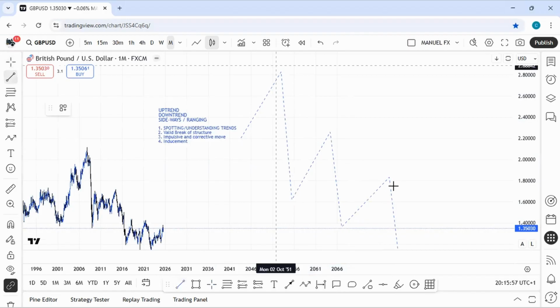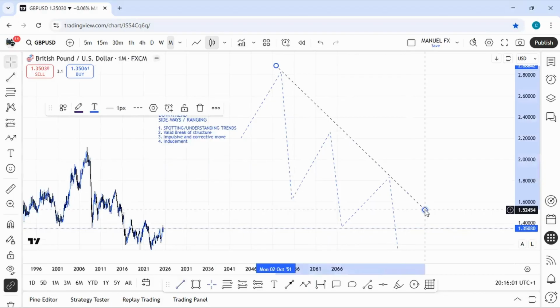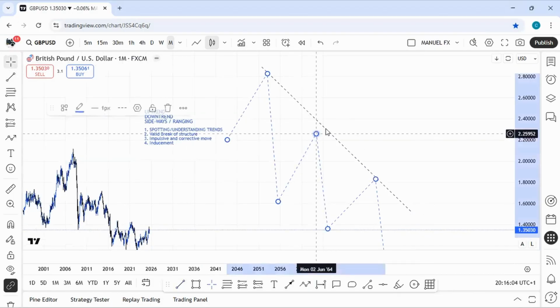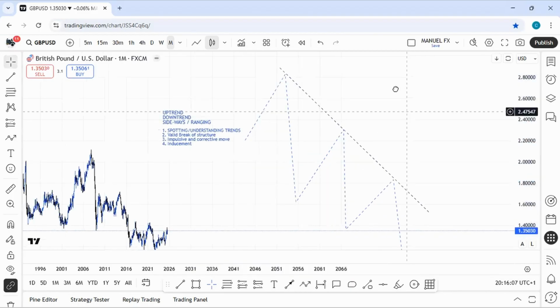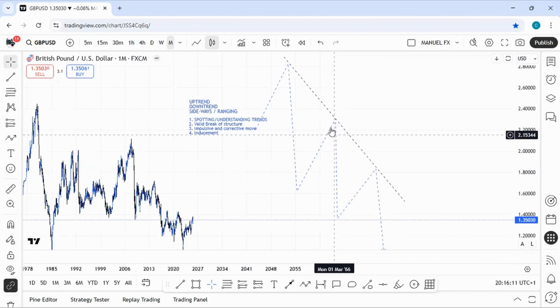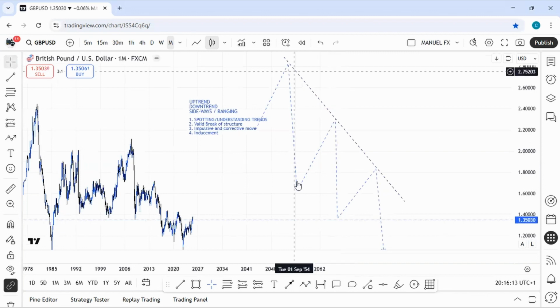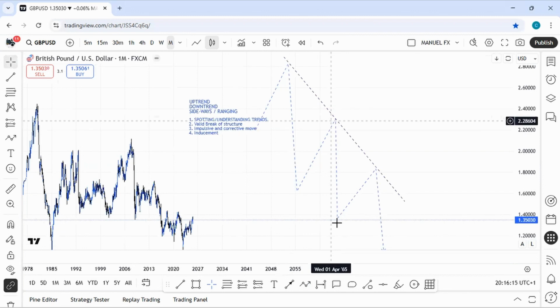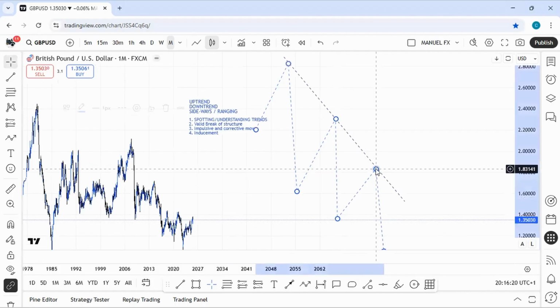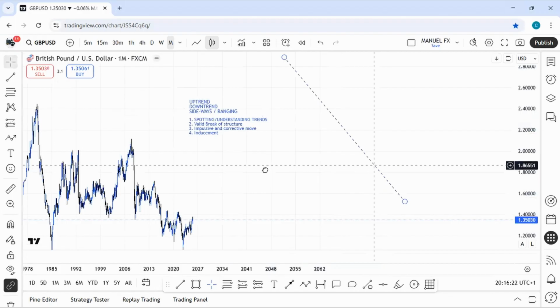That is what this is called, a downtrend, creating a series of lower highs and lower lows, just like I taught you in the previous episode.